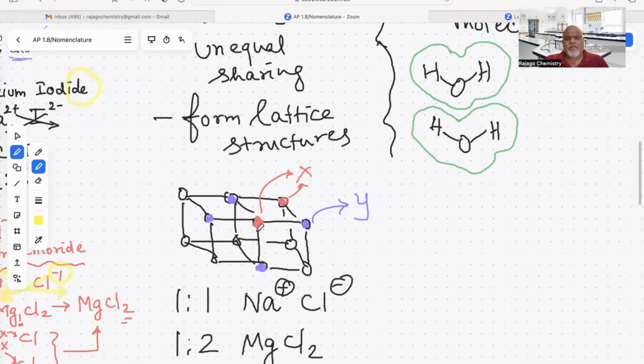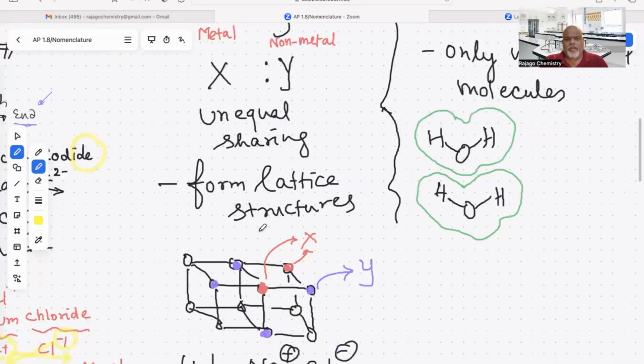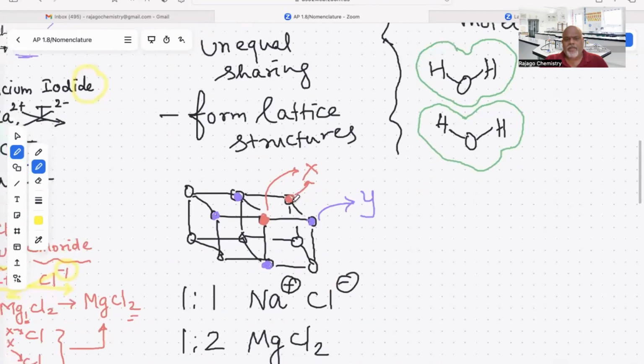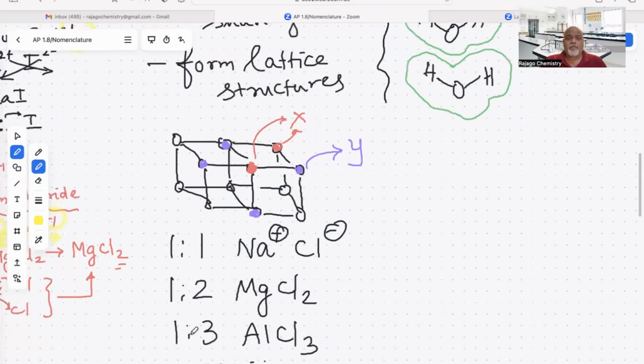If you have an X and a Y, the X will be surrounded by Y's, and then alternately there will be an X. At the end of the structure, you will have a ratio of 1:1, like Na+ Cl-, one sodium and one chlorine, or magnesium chloride at 1:2, or aluminum chloride at 1:3.